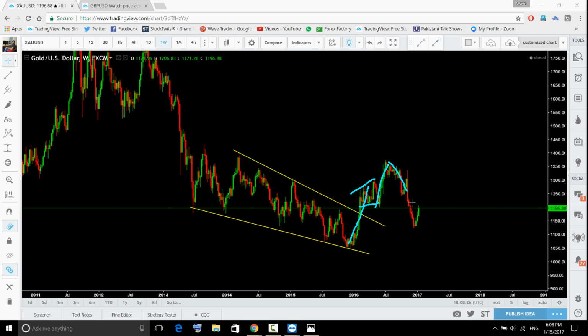This move can test the previous low, and then it's going to start to rise.